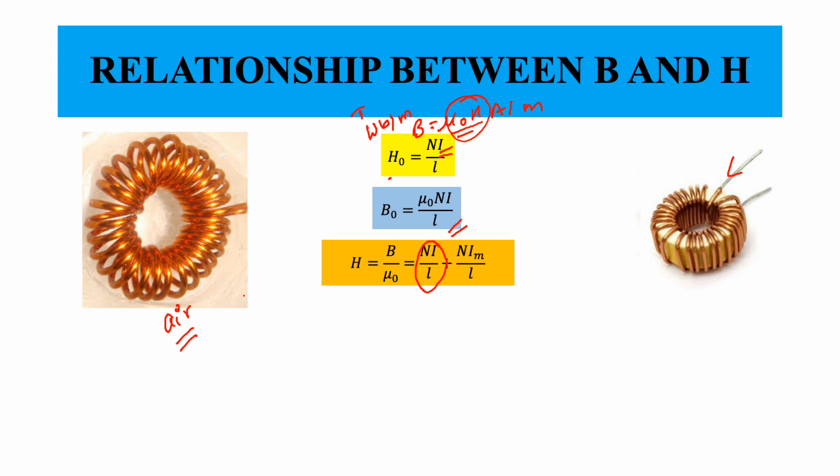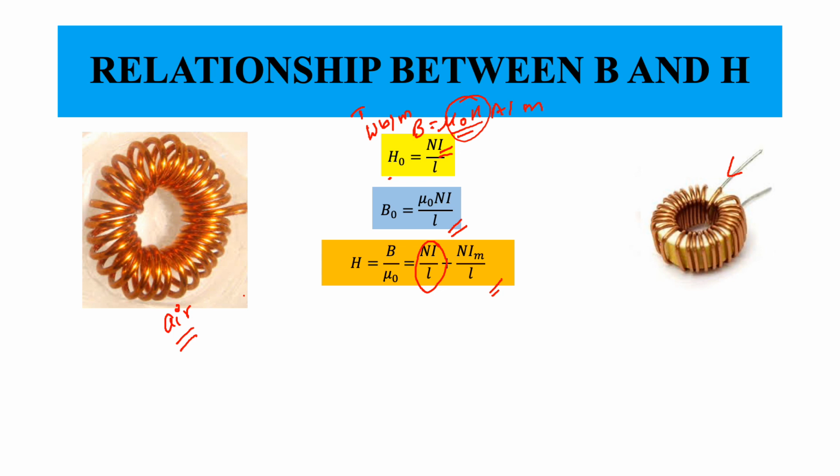But the tiny loops inside the magnetic material itself, because this is a permanent magnet, will align, and they will contribute an extra field of their own, and that extra field will be N into Im by L. Okay, note that I have not put mu here.